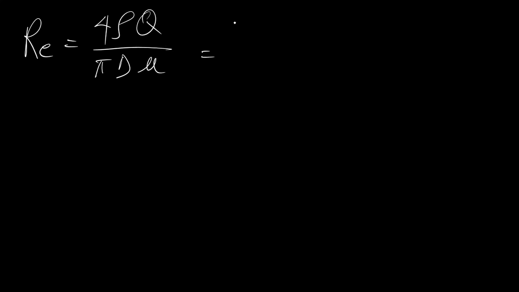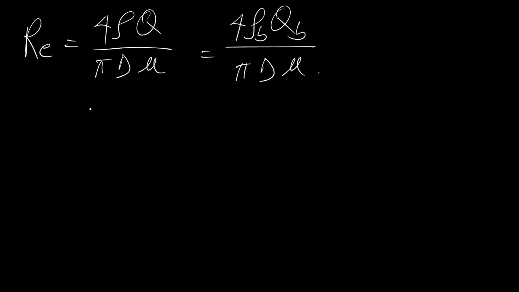This is also the same thing as 4 times density of gas at standard condition times the flow rate of gas at standard condition divided by pi d mu. Since pi, d and viscosity of the gas remain constant, this whole thing will remain the same.